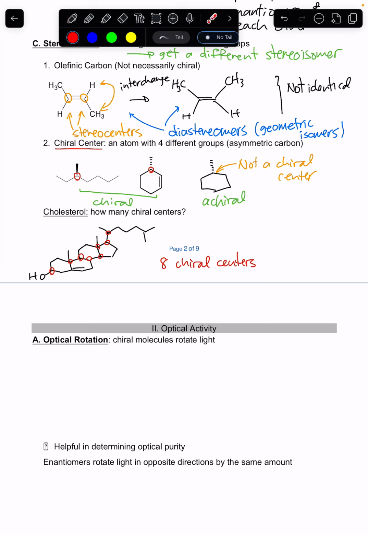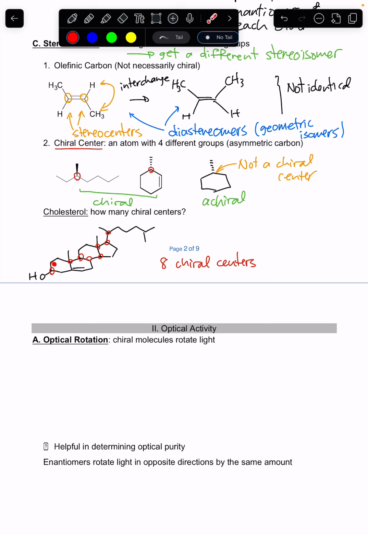Okay, maybe I'll go over some of them. For instance, this carbon is a chiral center because it's got an OH and a hydrogen. Then you might say, well, it's got two methylene CH2 groups here, so aren't those the same? But this CH2 is attached to an olefin, whereas this CH2 is attached to another CH2.